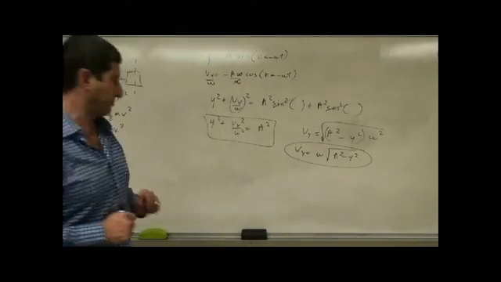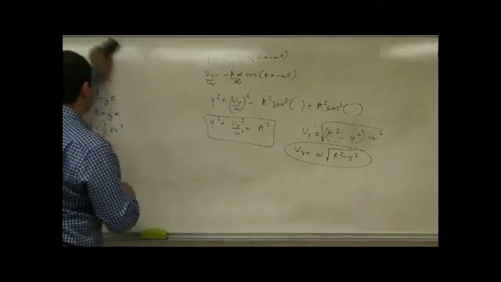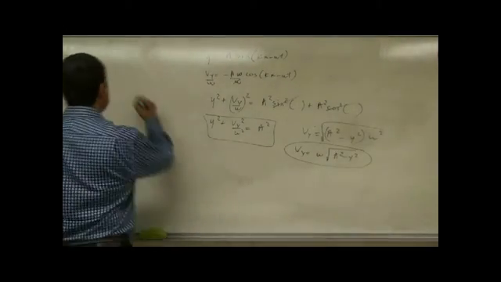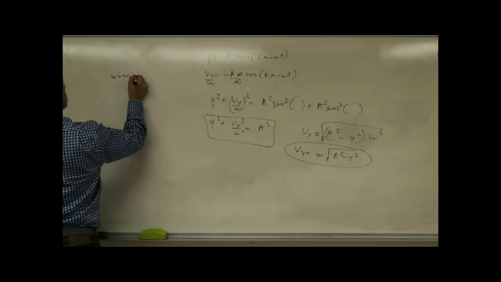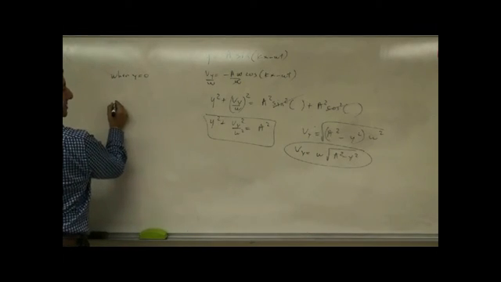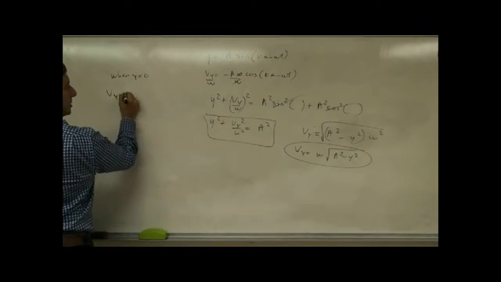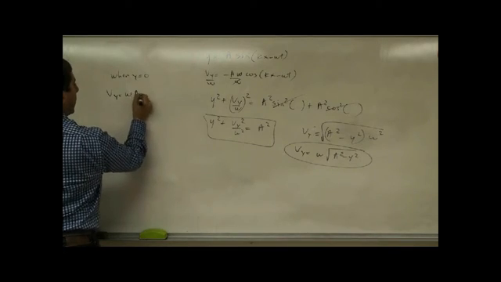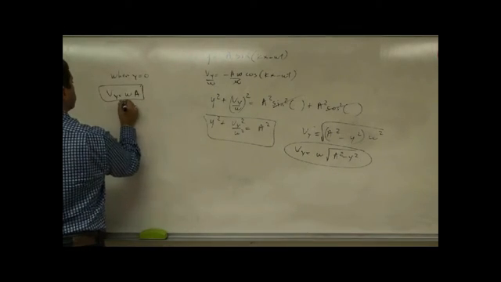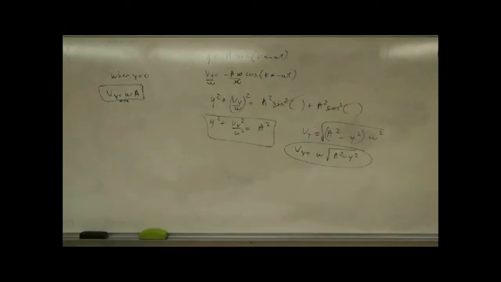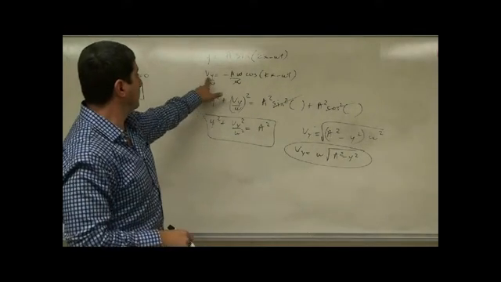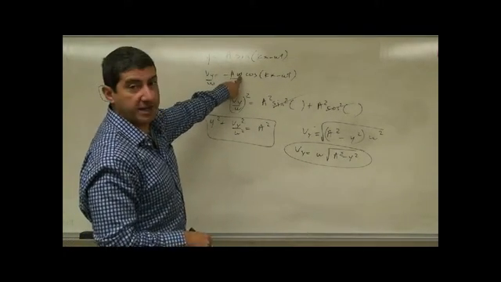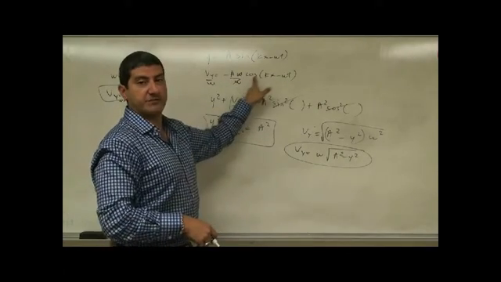So what would be the maximum value of V sub y? Well, that would occur when y is 0, right? When y is 0, V sub y would equal omega a. So that would be the maximum value of V sub y. It actually makes sense because V sub y is negative a omega, whatever is in front of the cosine, right?